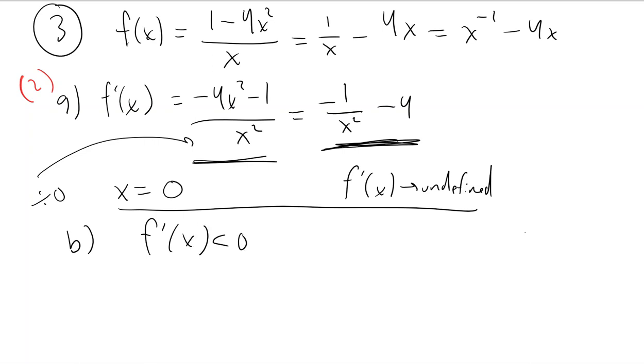So again, I don't have the scoring guide here, but my guess would be that you probably get 1 point if you just set your derivative equal to 0, no matter which one you made it look like.